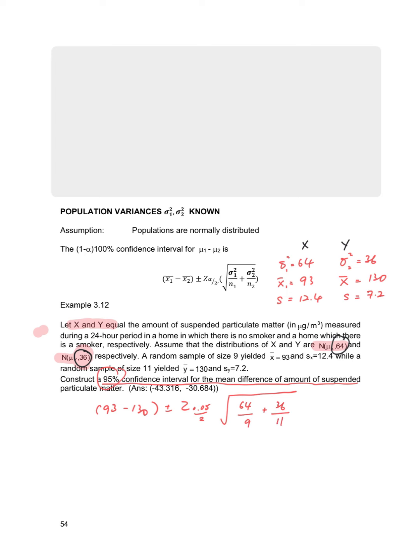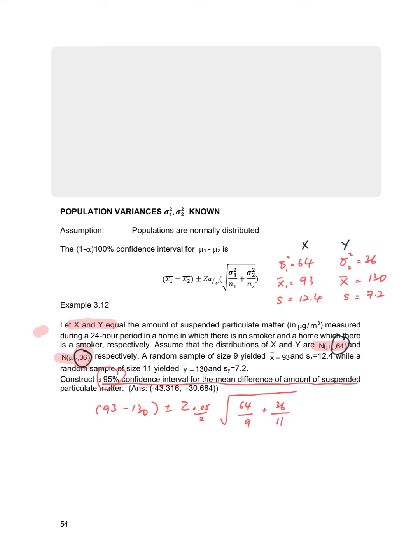Okay, jangan ambil value S ya. Kenapa kita tak ambil value S? Sebab kita tahu kita ada value population punya variance. Kita akan gunakan that value lah. But if you do not know the population variance or population standard deviation, baru kita guna value S.